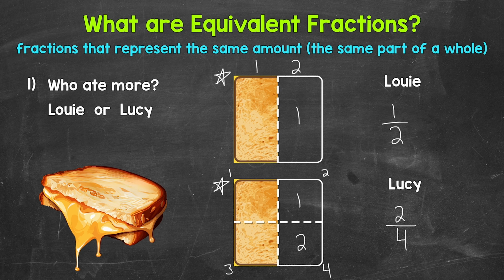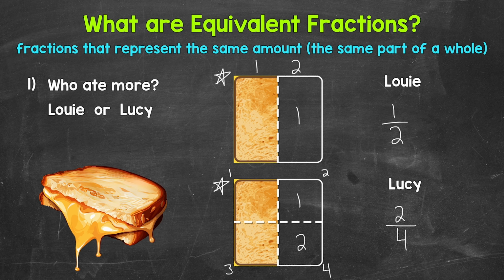Now back to our original question. Who ate more? Louis with 1/2 of the grilled cheese or Lucy with 2/4 of the grilled cheese? Looking at the pictures, we can see that they ate the same exact amount, even though we have 2 different fractions here, 1/2 and 2/4.